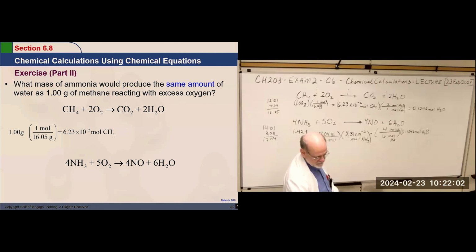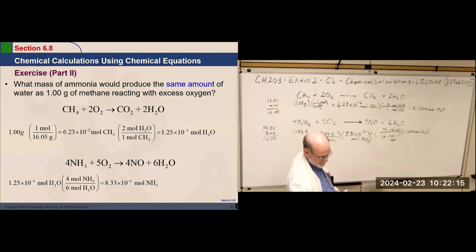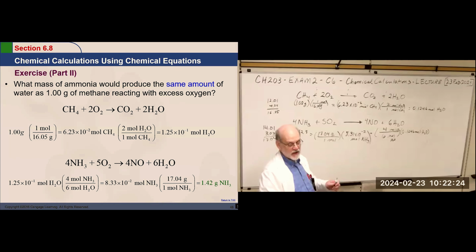So here's the animated version. We go. Close enough. Rounded off to 3 significant figures. Then we take that one, convert it to moles of ammonia, and then moles of ammonia to mass, 1.42. Okay, that's stoichiometry.